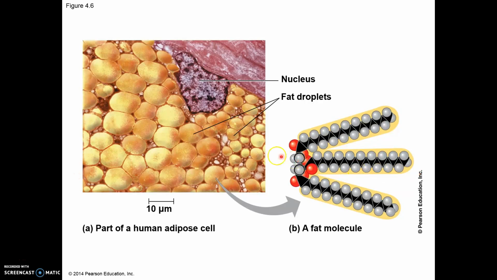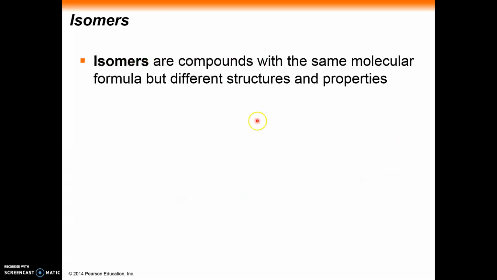All right, picking up where we left off, in addition to varying the size or length and branching and double bonds, where they're located, whether we can form circular things, all of those variations, there is one added thing to these complex carbon molecules, and that's the idea of isomers.